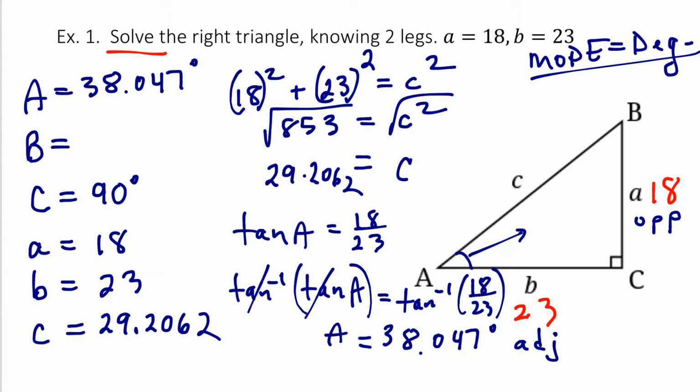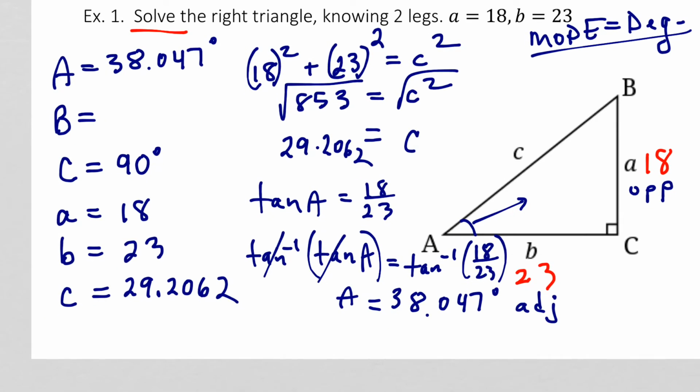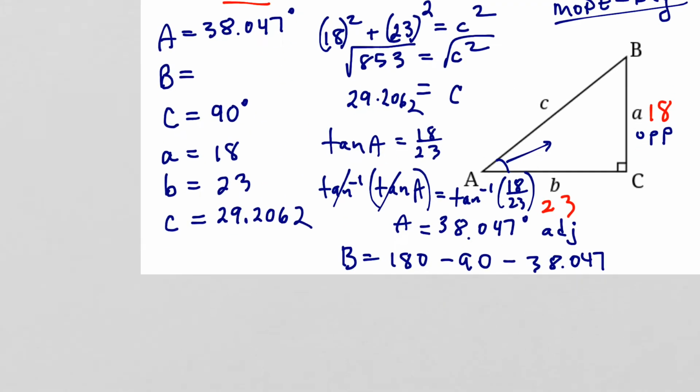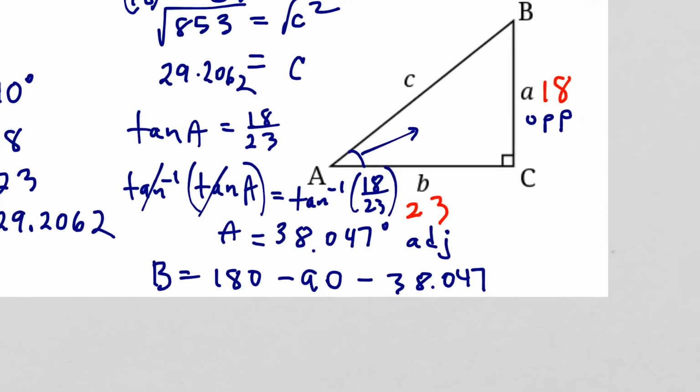So now that I have one of the acute angles, I can subtract that from 90, or some of you like to say 180 minus 90. So that would be angle B, 180 minus 90 minus 38.047. So you could do it that way, or you can just say B is equal to 90 minus 38.047.